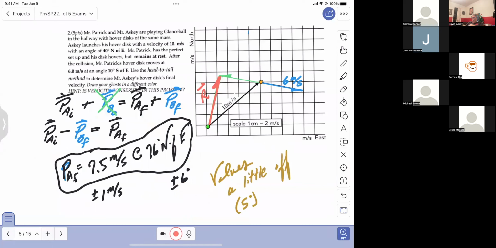Because you're flipping everything. If you said P_B final minus P_A initial, your arrow would be backwards. So Patrick's saying, what if you reverse the wrong one? Yes, that would be wrong. You had the mechanics, but your algebra was wrong, that's all.